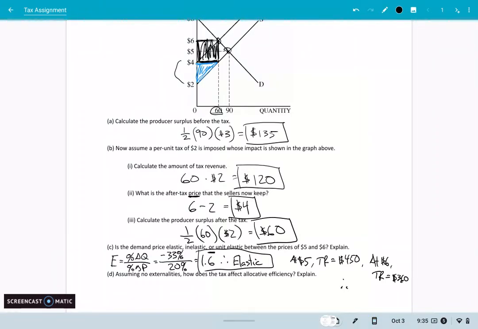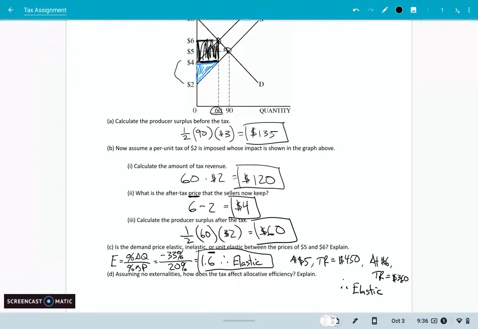Therefore, we could say it's elastic, but let's think about that for a second, why I know that. If it was inelastic, then increasing my price, I should increase my revenue because I'm not going to lose much quantity. That's the definition of inelastic. So by raising my price 20%, and if I only lost a small percentage of my customers, my total revenue would logically go up as I raise my price.